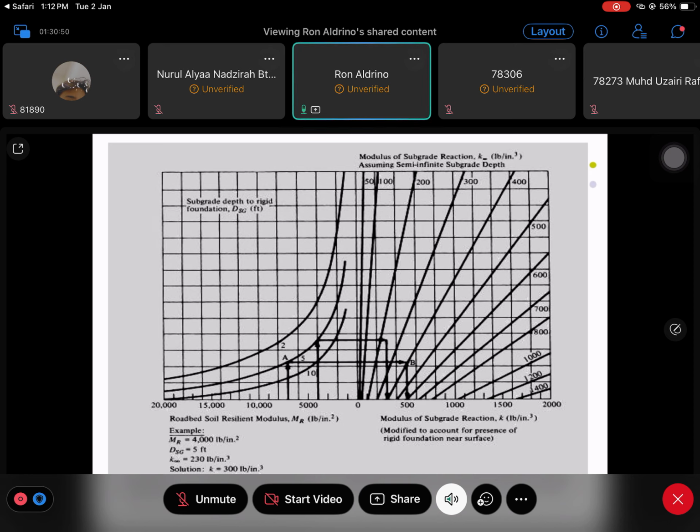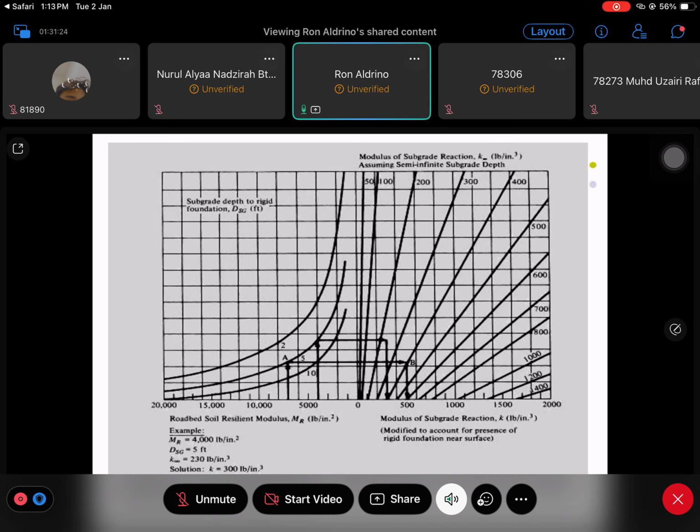But in your case, you just look at the data given to you, plug that data in, and identify which particular catalog you are going to use. That catalog will give you the standard thickness already. All these standard thicknesses are based on JKR past research as well as the evidence from past designs they have done. So you don't have to crack your heads doing a lot of assumption.